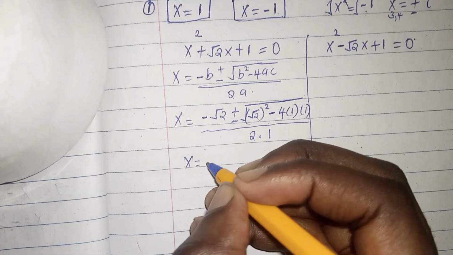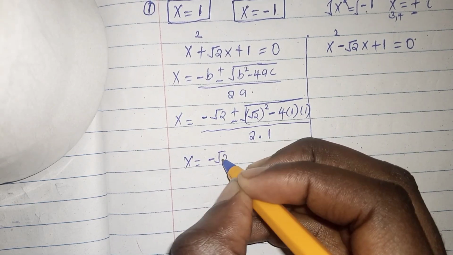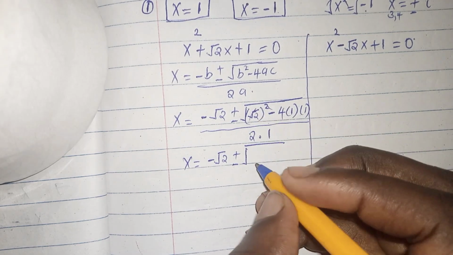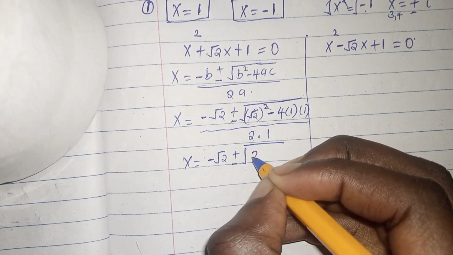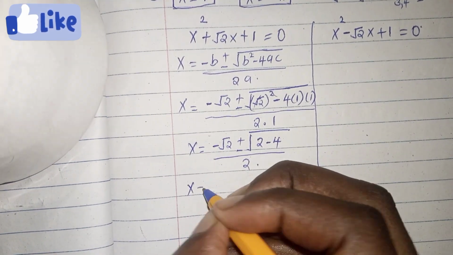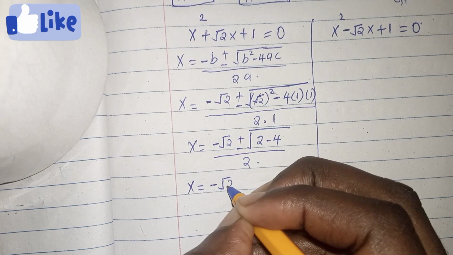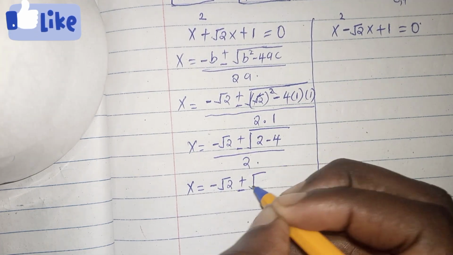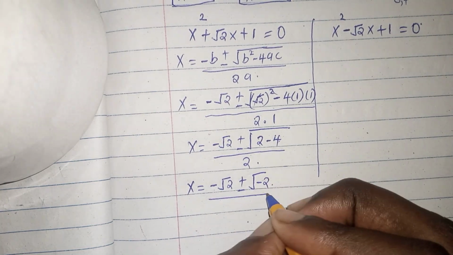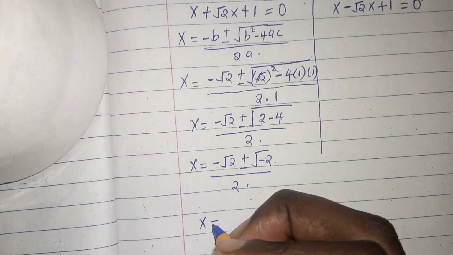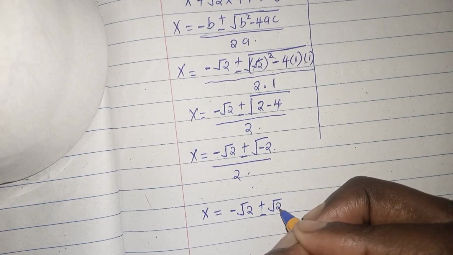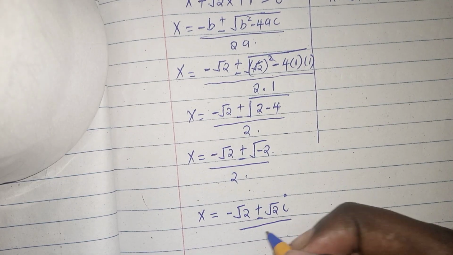So x is equal to negative square root 2 plus or minus the square root of, so this square will cancel with the square root, so this will be 2 minus 4, over 2. So x is equal to negative square root 2 plus or minus the square root of 2 minus 4, this is negative 2, over 2. So x is equal to negative square root 2 plus or minus the square root of 2 imaginary over 2.